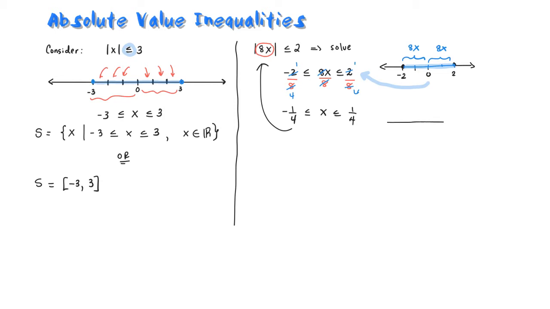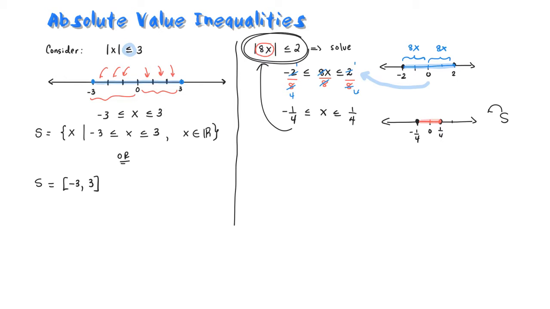So what we really have as the solution set is that for this inequality to be true, x has to be between 1/4 and -1/4, including 1/4, including -1/4, and this is really where x needs to be. Okay, so x needs to be right here, everywhere between -1/4 and 1/4.